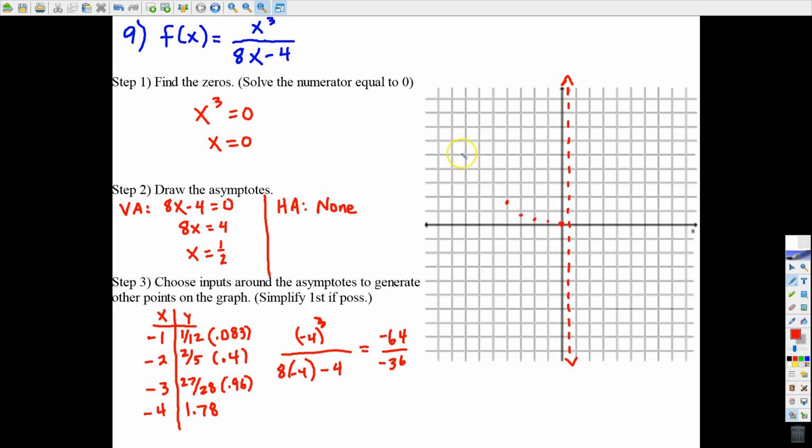Alright, so I'm going to go ahead, and this is a rough sketch based on the table, so I'm going to go ahead and sketch this curve. Okay, so I've passed through 0. Now the only thing I'm not sure about is where is it going to the right of this x-intercept?